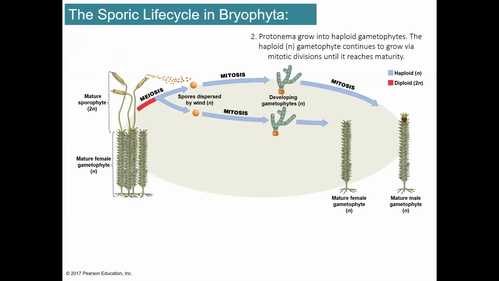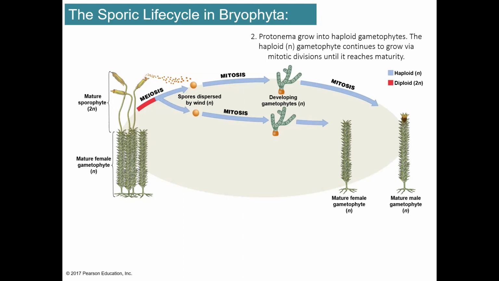If these spores land in a suitable environment, they will germinate and develop a protonema, which is just a strand of cells growing out of it. They're undergoing mitosis to grow and eventually will reach maturity.